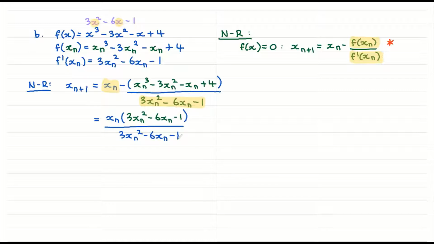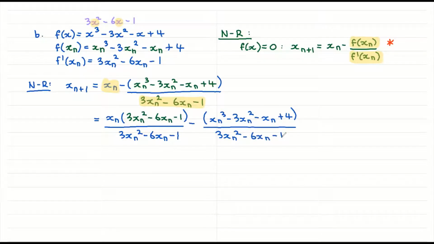So you can see how they would just cancel, but we do have a common denominator now. So subtract xn cubed, subtract 3xn squared, subtract xn plus 4. Okay, and all that is over the same denominator. So 3xn squared, subtract 6xn, subtract 1.